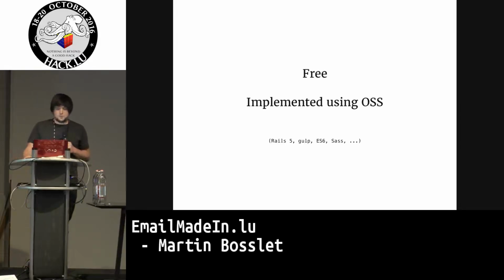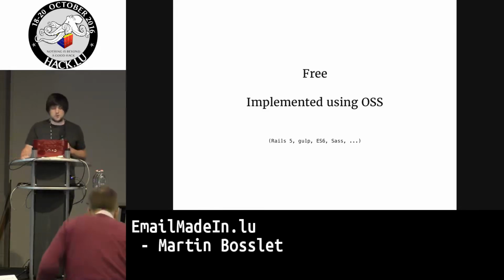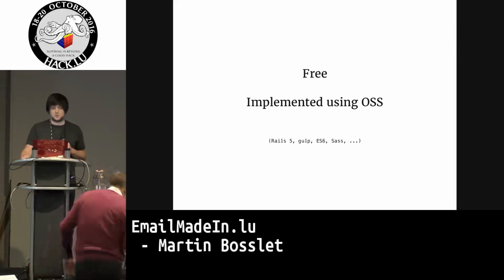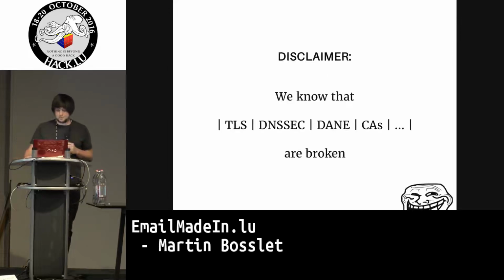We have developed a proof of concept for this, and the intention is to release this to the public as a tool for free. It's implemented using open source software, so the backend is implemented in Rails 5, and all the front-end assets are managed by Gulp.